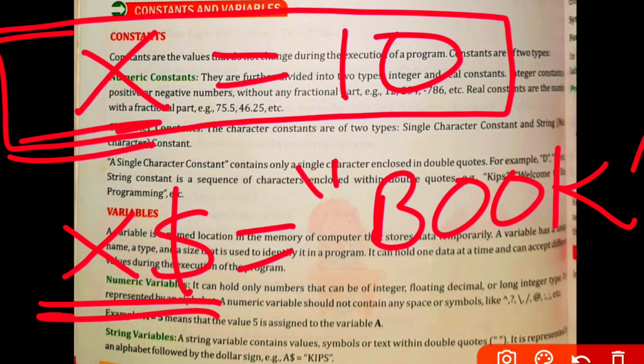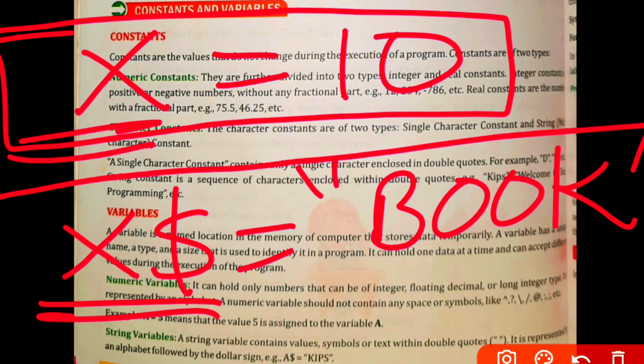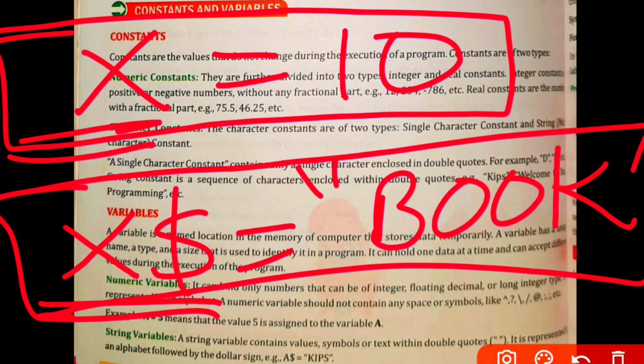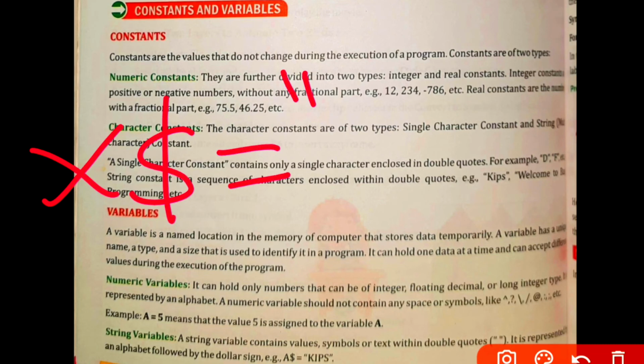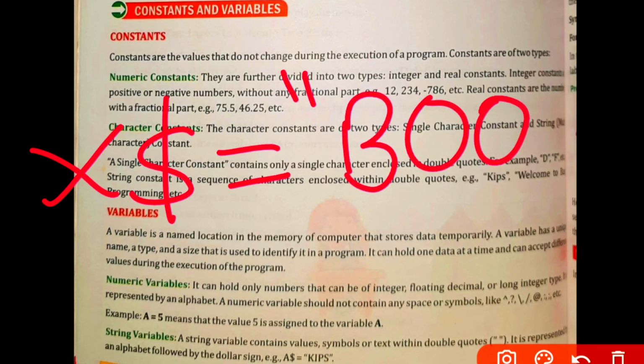If you are assigning characters, that is any sort of alphabets, any spelling, in that case the very first thing is that a dollar sign will be used along with the variable, and whatever constant you are writing will be in inverted commas. That is x dollar is equals to inverted commas book.